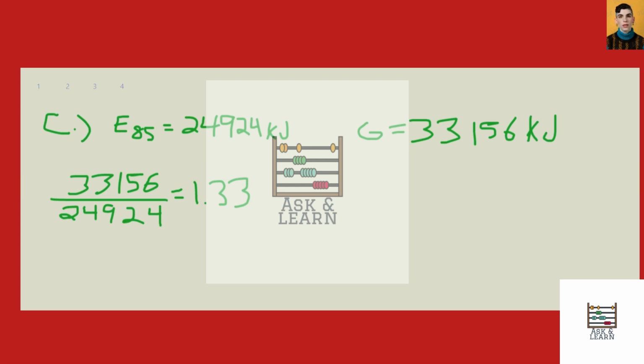But since we're not using 1 gallon of gasoline, we're dealing with 10, we're going to multiply it. So 10 gallons of gasoline times 1.33 gallons of E85 per gallon of gasoline.